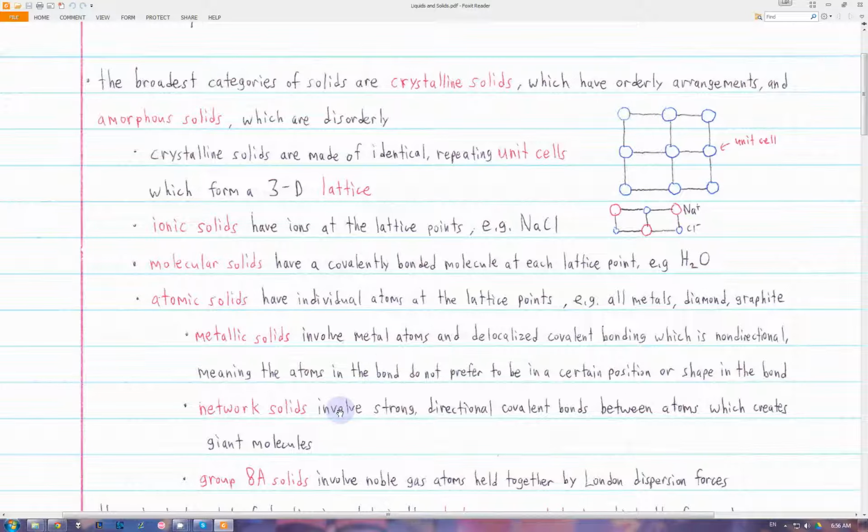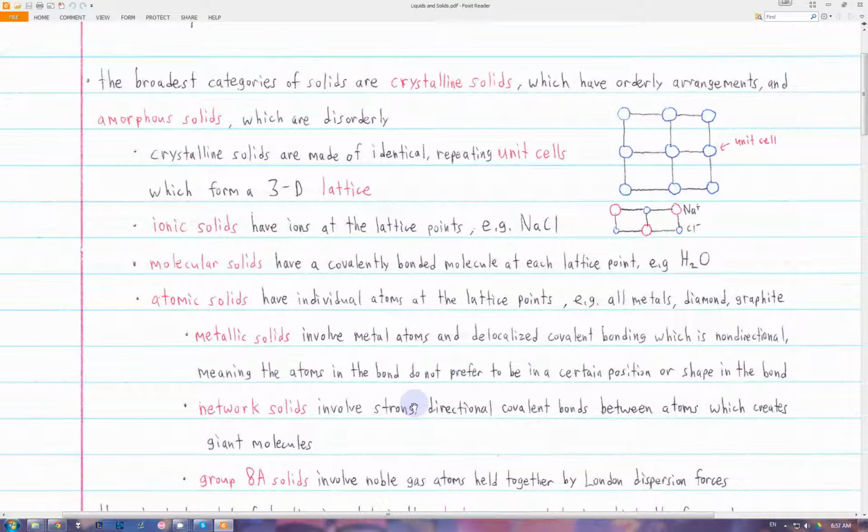Another type of atomic solid is network solids. Now these have strong directional covalent bonds, as opposed to the non-directional bonds in metals. So network solids form huge molecules. So you can't really see a distinct individual molecule within a network solid.